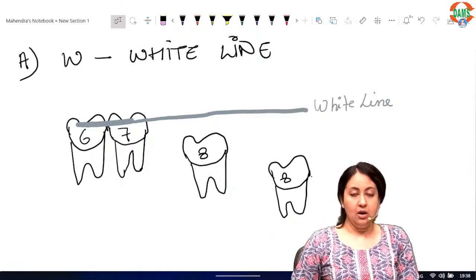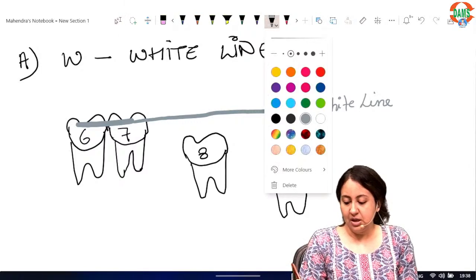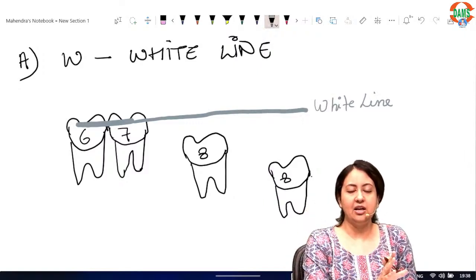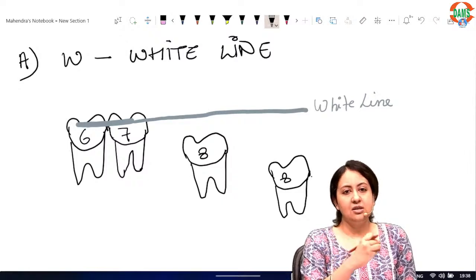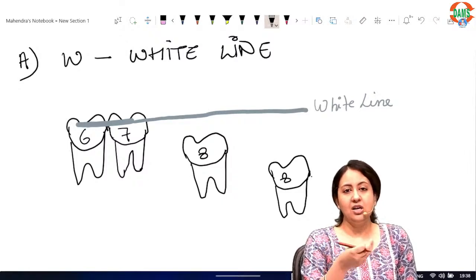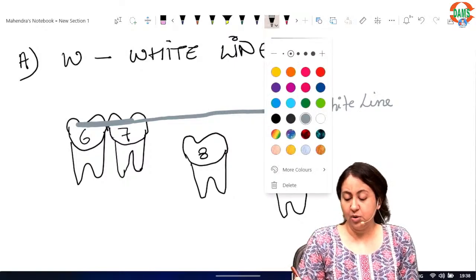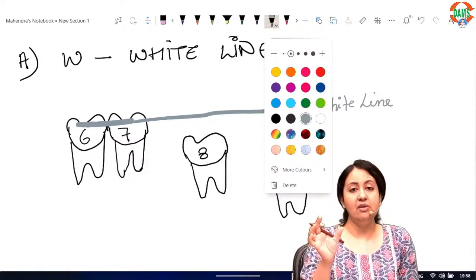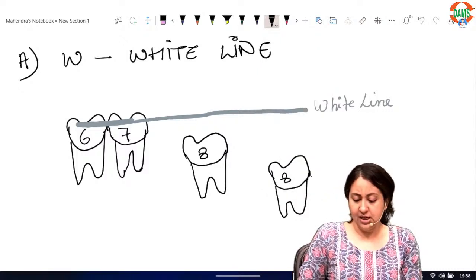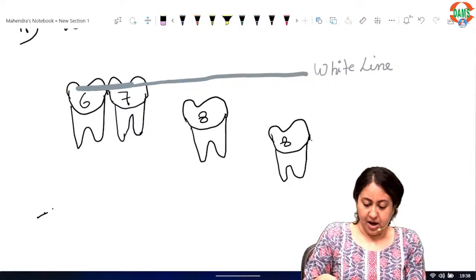The most important thing that is asked from this aspect is what does a white line signify or what does a red line signify. So we will have to remember the interpretation, or the significance, of all these lines.